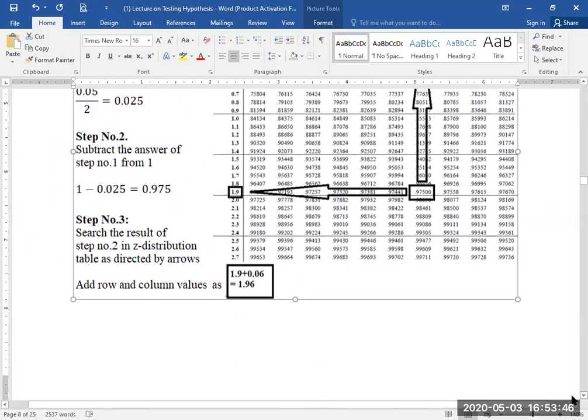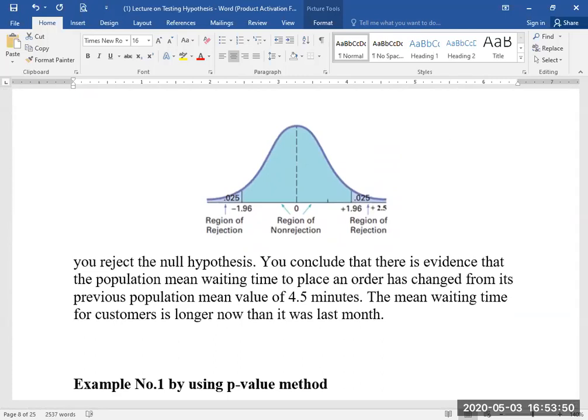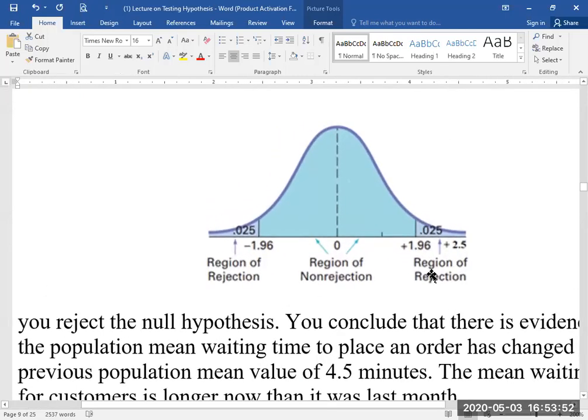Now making the normal distribution with the rejection and acceptance regions. Here, students, positive 1.96 shows the right side rejection region, and minus 1.96 shows the left side rejection region. 0.025 is the probability in each rejection region.